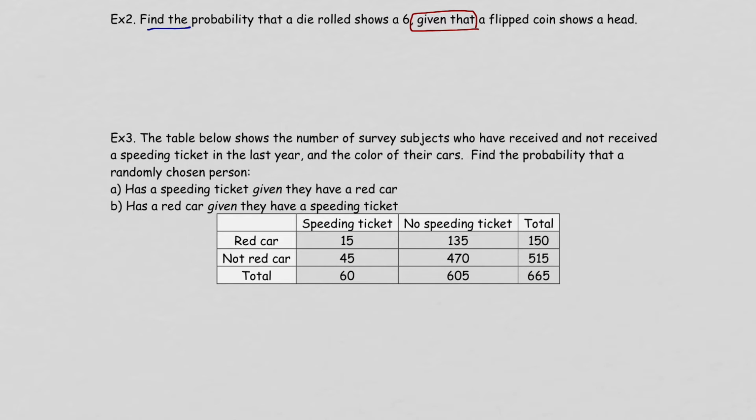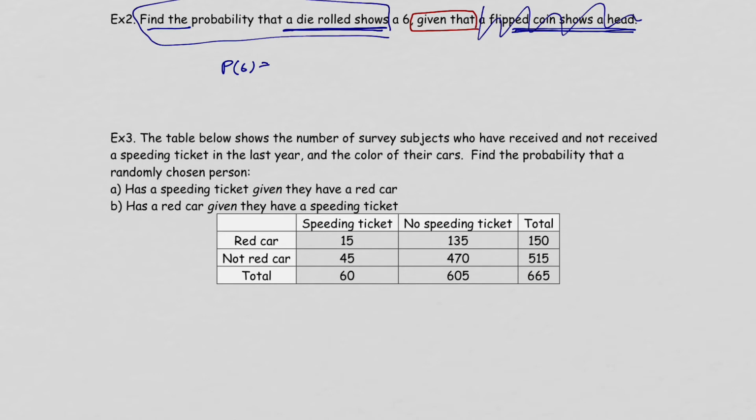But then you notice that finding the probability of rolling a dice versus flipping a coin, this is going to be an independent event. So even though it's a conditional probability, this is going to be an unrelated event, right? Finding the probability of rolling a 6 is just coming from the dice, nothing to do with the coin, right? So it's just a tricky problem. That's going to be 1 out of 6.